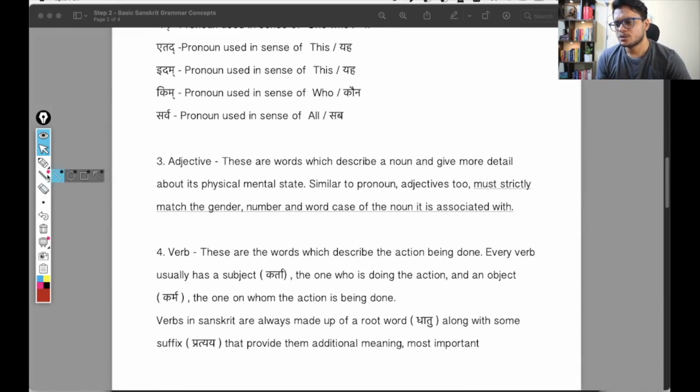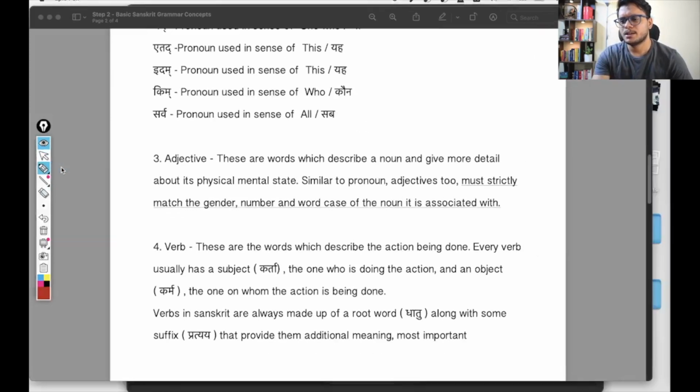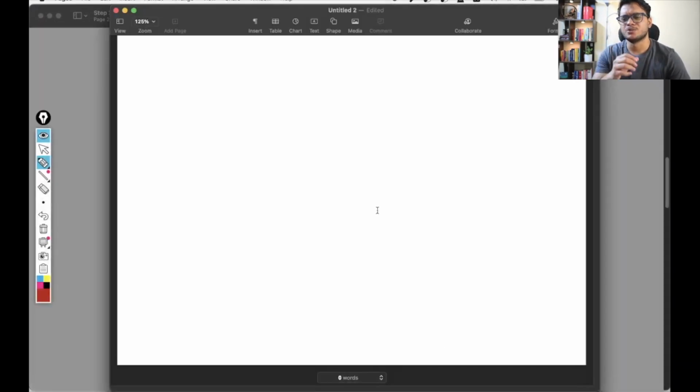Before taking pronoun, I'll quickly take adjective. Adjective you already know, something that describes a noun. The only important thing you need to remember about an adjective or a pronoun is that those words should exactly match all three properties of their noun. So if the noun is masculine, the adjective or pronoun you are using for that noun should be masculine.